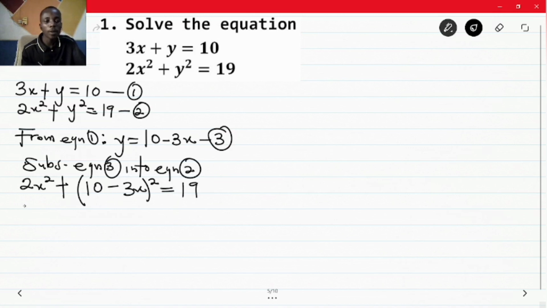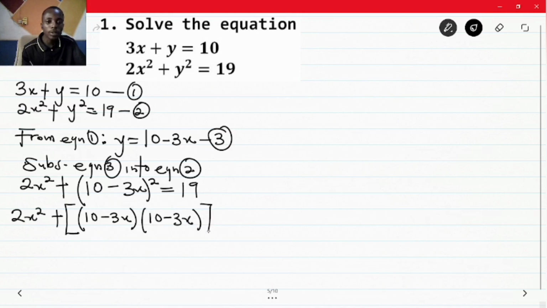So I'll proceed. I'll have 2x squared plus, I would like to use a big square bracket now, 10 minus 3x. I'll close the bracket, then equals 19. So I will expand this.